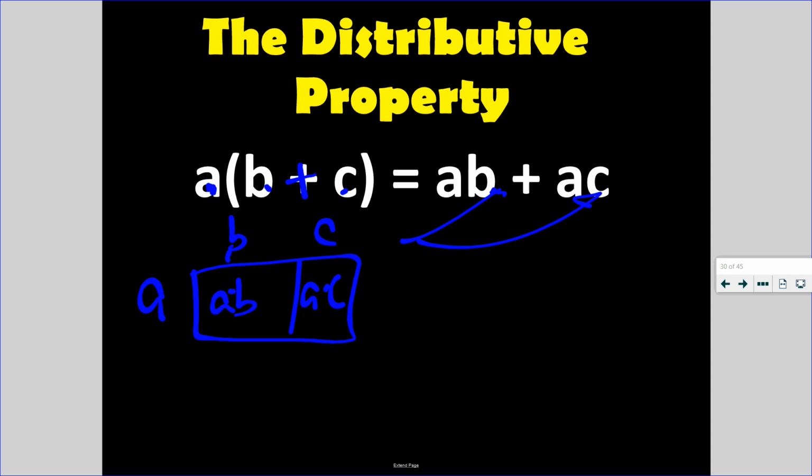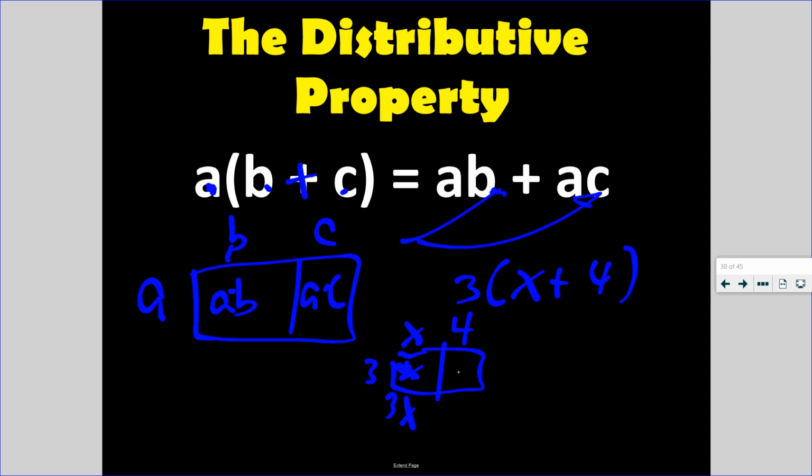So for example, if you have 3 groups of x plus 4. If I did the area model of this, this is 3, x, and 4. So this would be 3x. This would be 3 times 4. So 3 times x plus 3 times 4. So some people like using the algebra tiles.